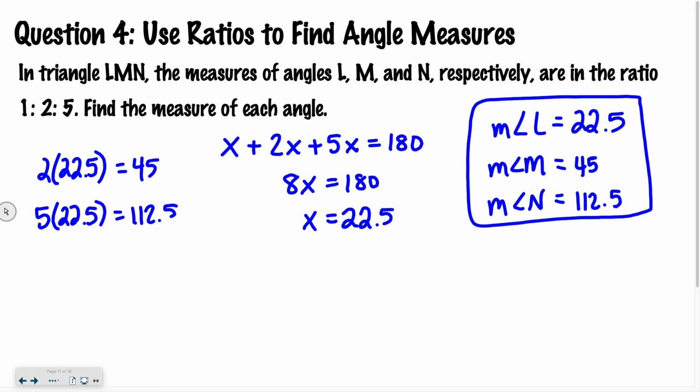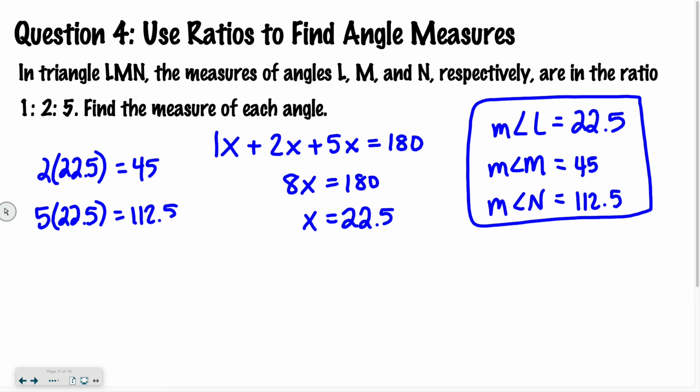Okay, when you solved this problem, hopefully you found that the measure of angle L was 22.5, the measure of angle M was 45, and the measure of angle N was 112.5. The way I did that was I set it up as x plus 2x plus 5x equals 180, which when you combine all of those x's is 8x equals 180.